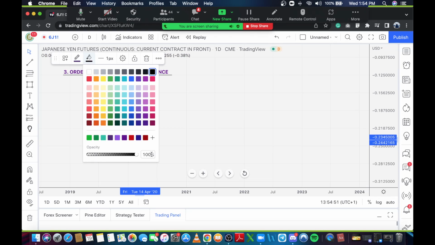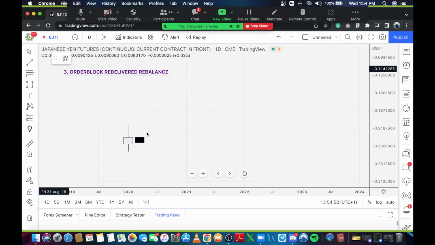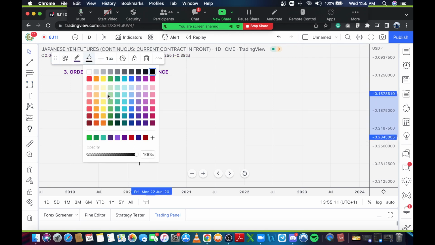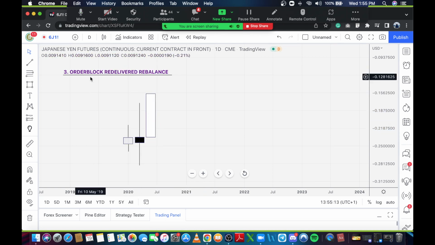So you have a bearish candle. Again, as usual, you have the gap up into liquidity, and sometimes you can even get a gap down. And then what happens is the next candle comes and completely redelivers this. So let's make this white.